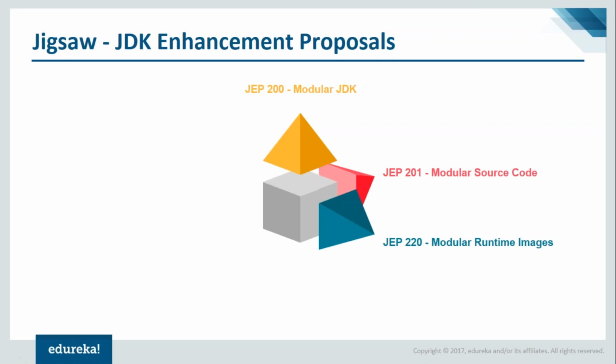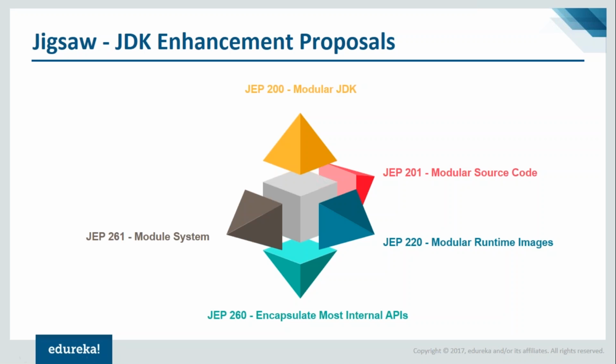Then JEP 220 will help you achieve modular runtime images, and JEP 260 will help you encapsulate most of your internal APIs as well. JEP 261 is along the same lines, helping you achieve a module system, and finally with JEP 282, JLink, the Java linker, will also be part of the modularity as well. So this is just a rough idea of how the Jigsaw project is helping the JDK Enhancement Proposals as well.